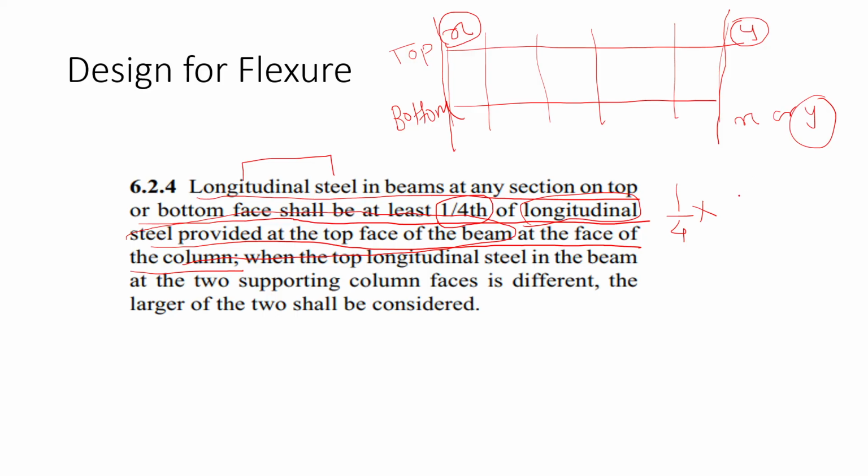Suppose y is greater, and suppose this is 3000 and this is 2000. Then 500 mm square steel is required at the top as well as at the bottom at any section. So this is the clause, slightly difficult. You have to read it once again and you will get clarity, or you can comment and I will explain once again if you are in trouble.